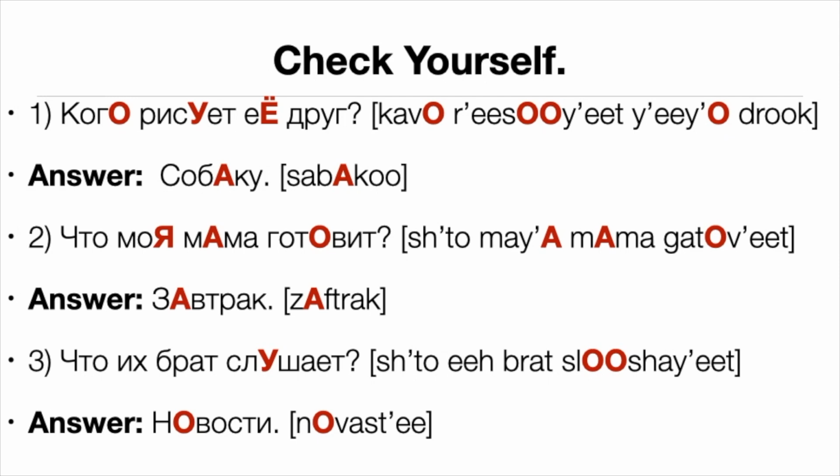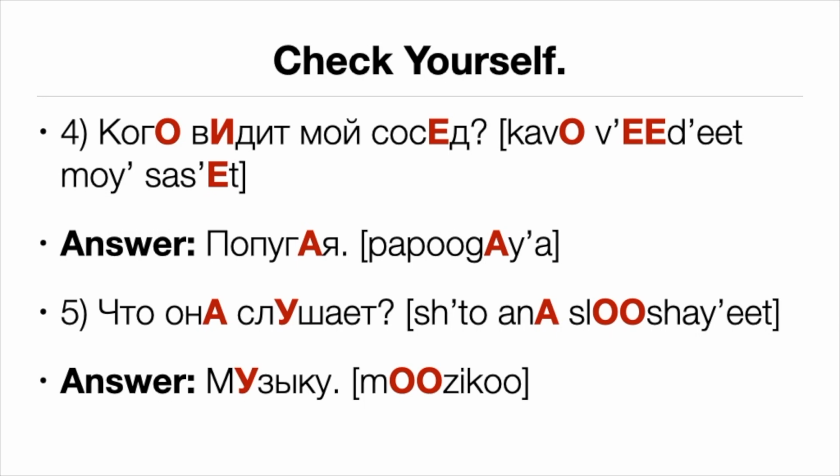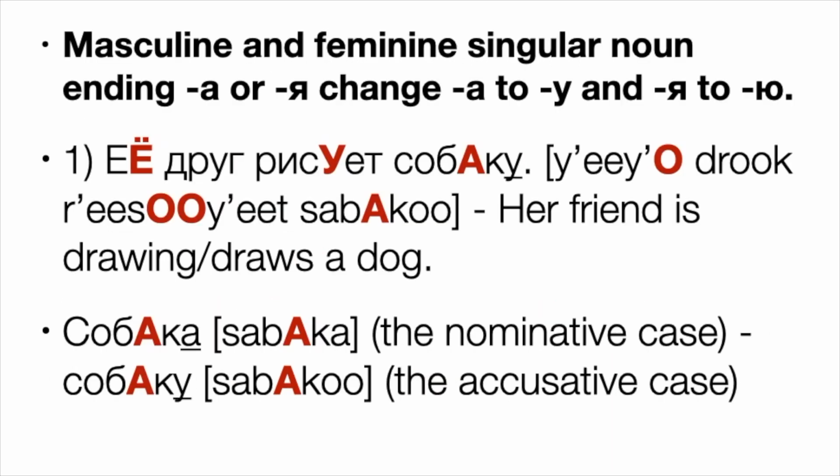Number 3. Что их брат слушает? Answer: новости. Number 4. Кого видит мой сосед? Answer: попугая. Number 5. Что она слушает? Answer: музыку.